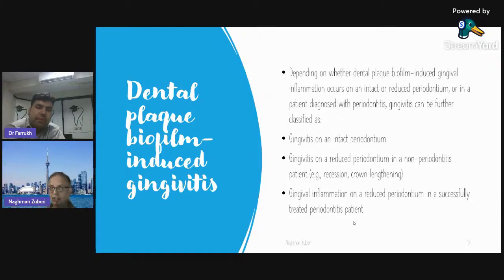Same thing. So, if there is inflammation, we will call it gingivitis, but we have to mention whether it is intact periodontium or the reduced periodontium. What is the reason? We know it, whether it was a periodontitis case or a non-periodontitis reduced periodontium case.